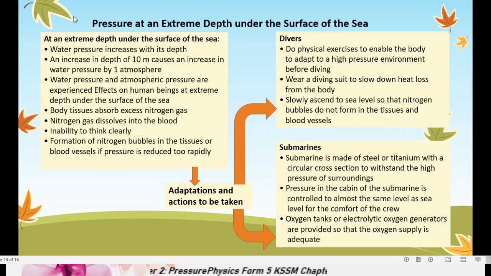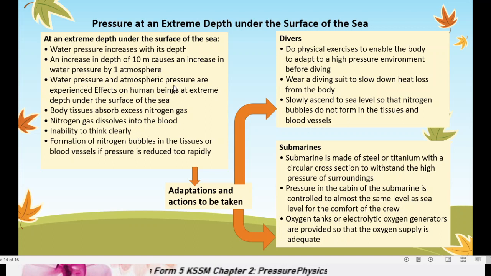How about the pressure at extreme depth under the surface of the sea? At extreme depth under the surface of the sea, water pressure increases with its depth. If you still remember the relationship, pressure is directly proportional to depth. An increase in depth of 10 meters causes an increase in water pressure by 1 atmosphere, so 10 meter of water.